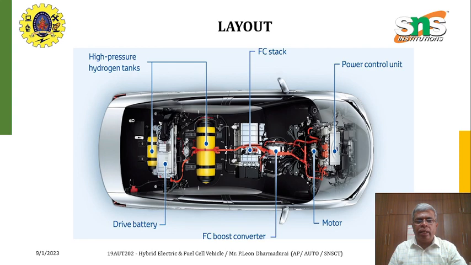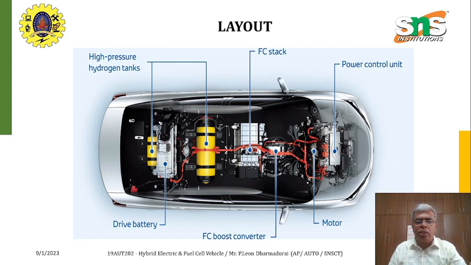See, look at this diagram. This is a sample kind of hybrid electric fuel cell vehicle. So in this vehicle there is an IC engine. A fossil fuel is used for running this engine. Apart from this engine, there is an electric motor, an additional prime mover.